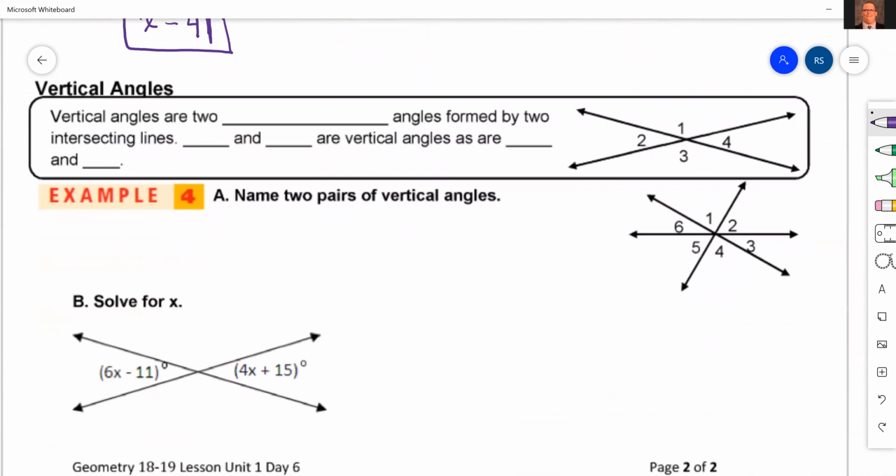The last piece of new information for this unit. Vertical angles. Vertical angles are 2 congruent angles formed by 2 intersecting lines. So if we look at this picture, they're the angles that look the same. So like 1 and 3. They're opposite from each other.